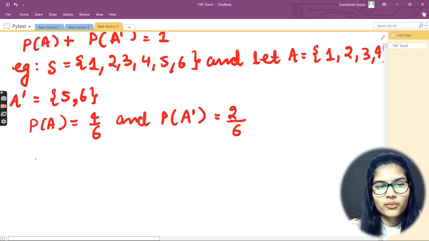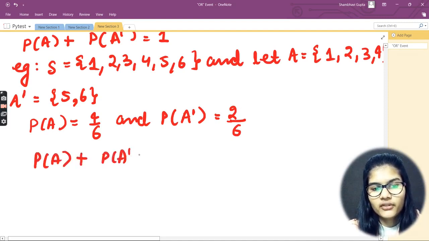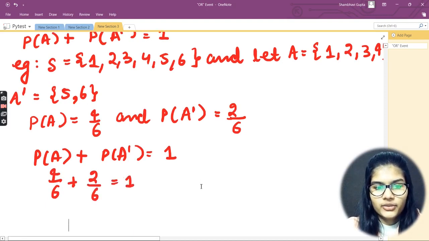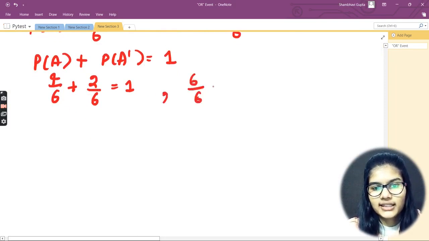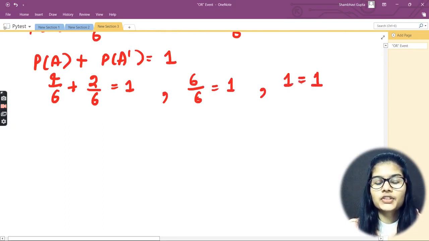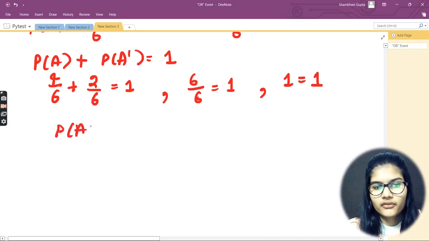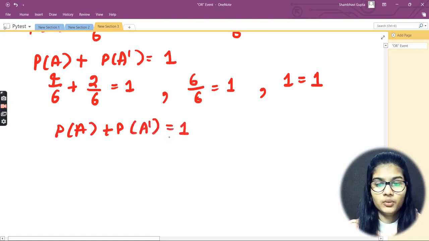Now if I add both of those, probability of A plus probability of A prime is equal to 1, so applying 4 by 6 plus 2 by 6 to verify this, we get 6 by 6, which is equal to 1. So 1 is equal to 1. We have verified that the probability of A plus the probability of A prime is equal to 1.